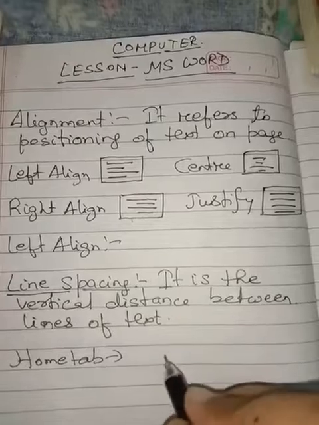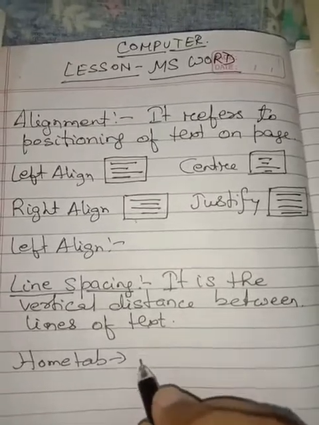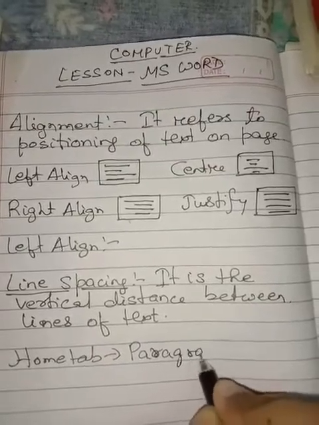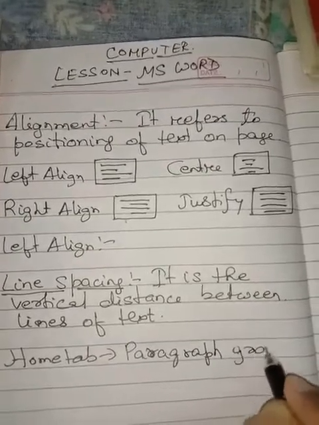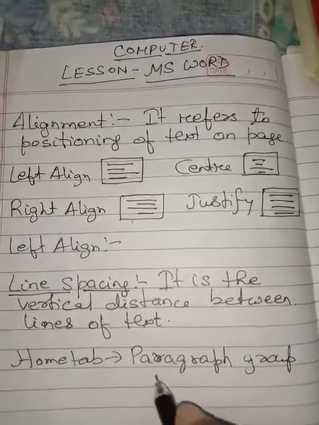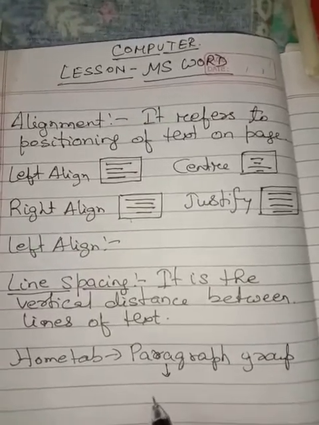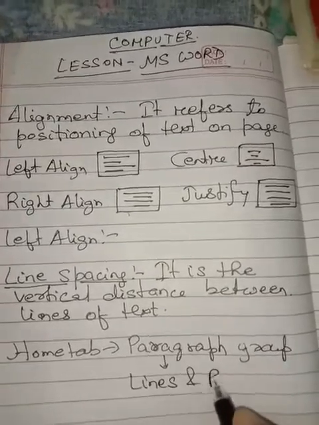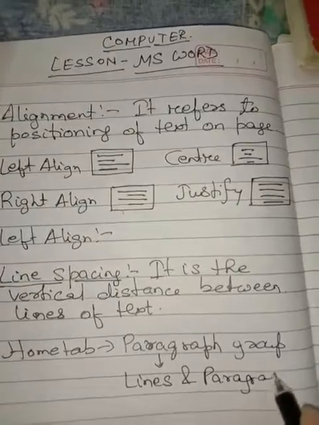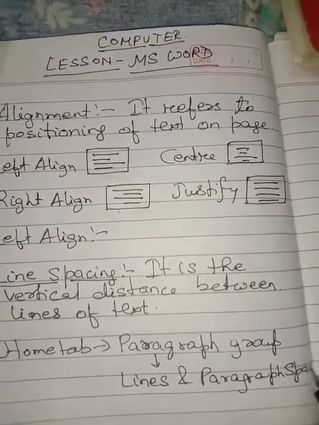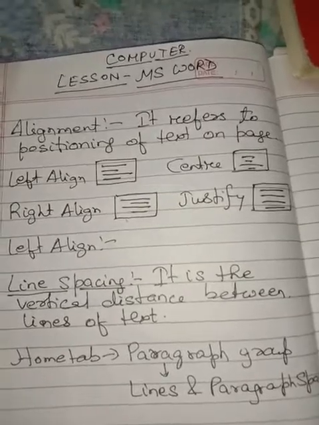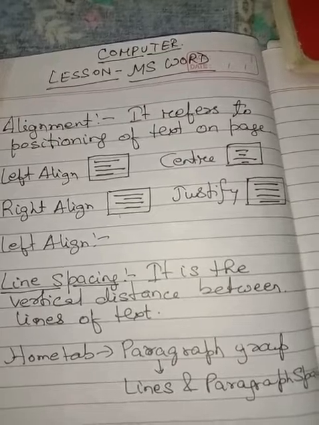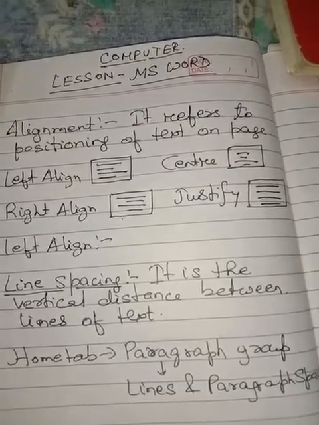From the home tab we have to move to the paragraph group, and from the paragraph group we have to click on lines and paragraph spacing. So we can click on the required line spacing option from the drop down menu. The lines will be adjusted accordingly.